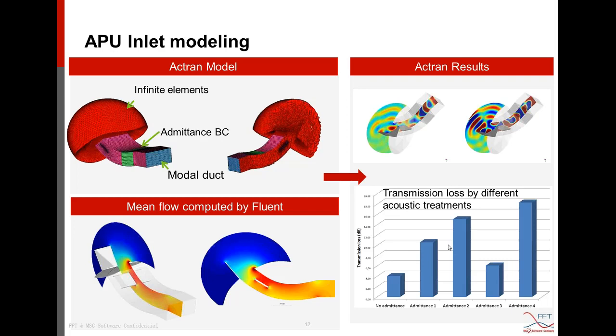Okay, the next example is an APU inlet modeling. The principle is very similar to the engine nacelle modeling. In this APU problem, we model the acoustic propagation from inside the aircraft through the APU inlet towards the exterior field, and we also apply an admittance boundary condition on the surface of the inner duct.